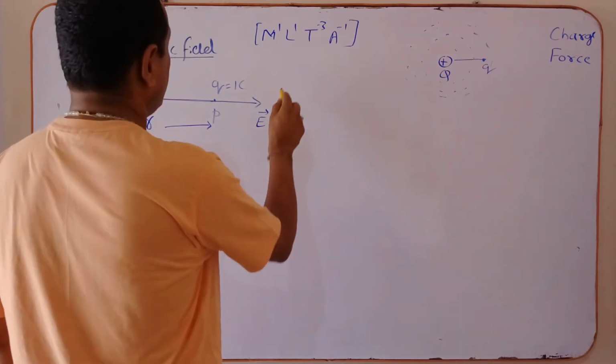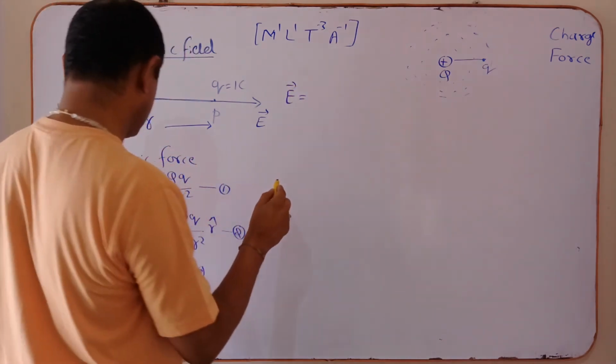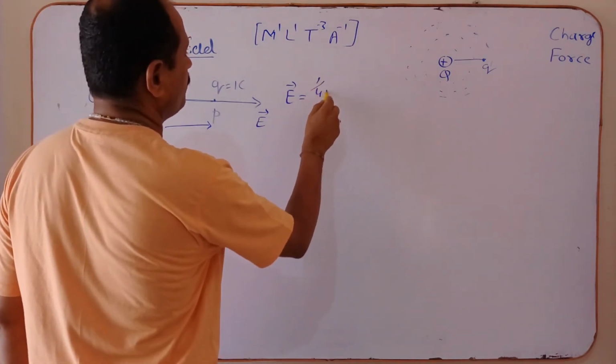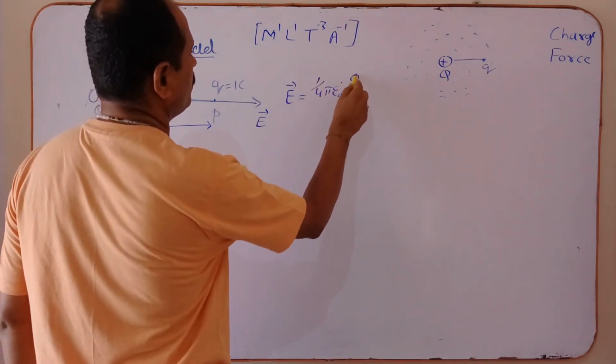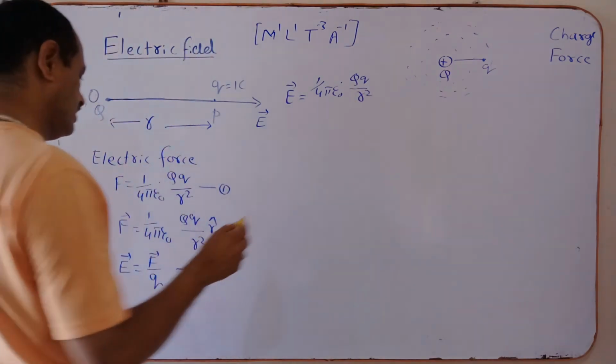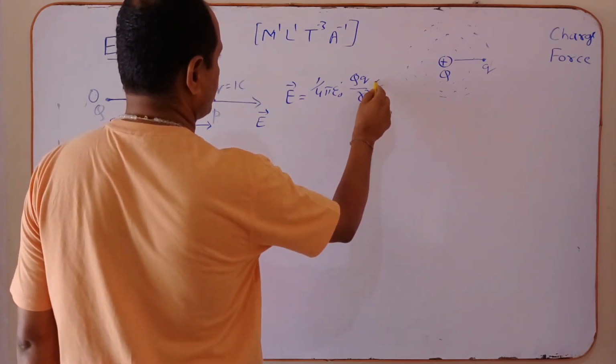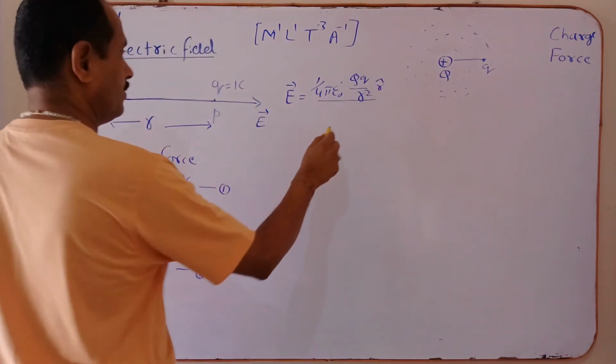So the electric field is equal to the electrostatic force, 1 by 4 pi epsilon naught, Q into q divided by r square into r cap, divided by q.